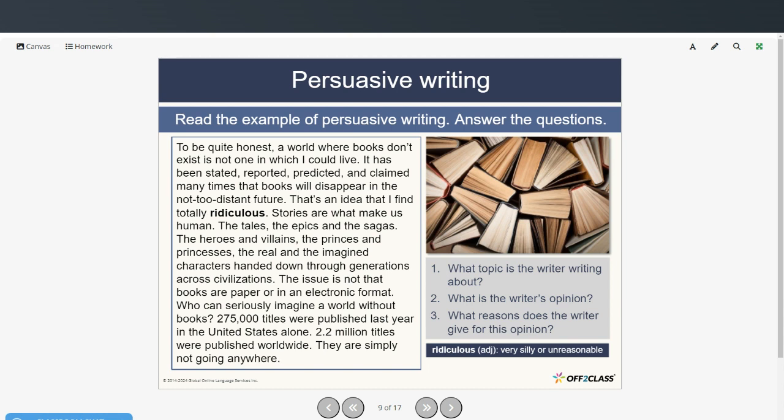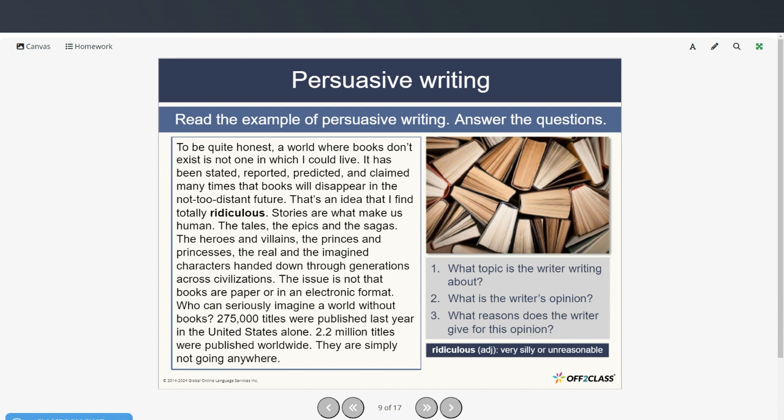To be quite honest, a world where books don't exist is not one in which I could live. It has been stated, reported, predicted, and claimed many times that books will disappear in the not too distant future. That's an idea that I find totally ridiculous. Stories are what make us human. The tales, the epics, and the sagas, the heroes and villains, the princes and princesses, the real and the imagined characters handed down through generations across civilizations.